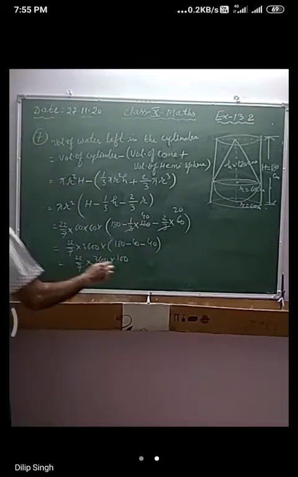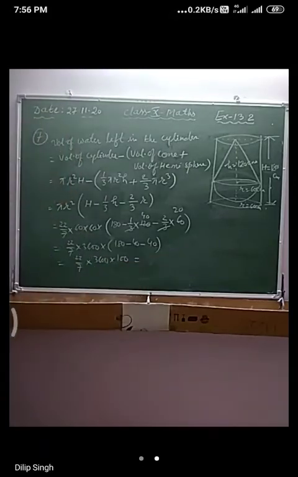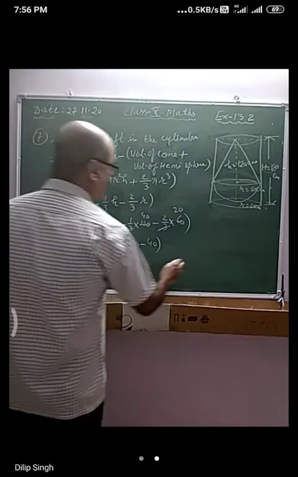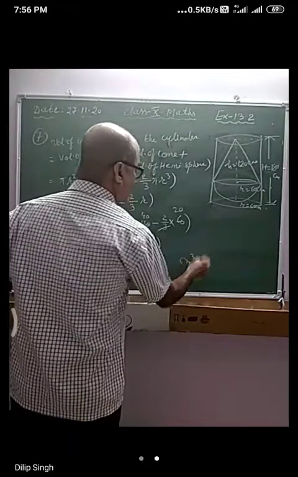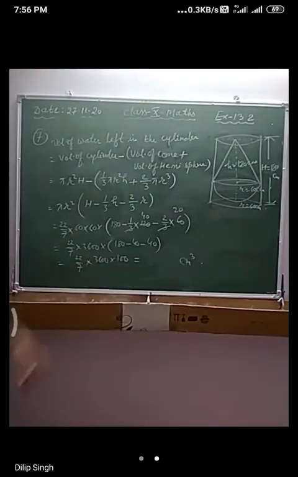And solve this. You will get the answer. So the volume of water left in this cylinder will be equal to this many centimeter cube. Okay, so you will multiply this.